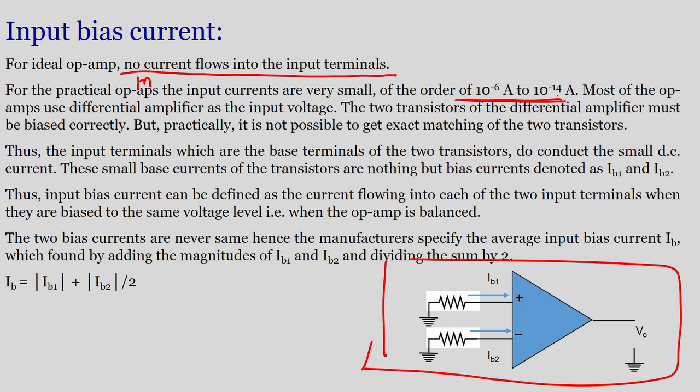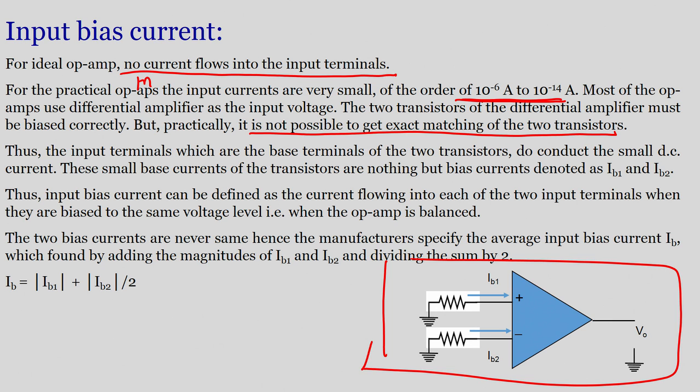Most of the operational amplifiers use a differential amplifier at the input. The two transistors of the differential amplifier must be biased correctly, but practically it is not possible to get exact matching of two transistors. So, what does it say? Let us see again. The practical op amps have input currents which are extremely small, of the order of 10⁻⁶ to 10⁻¹⁴ ampere. However, most of the op amps use the differential amplifier.